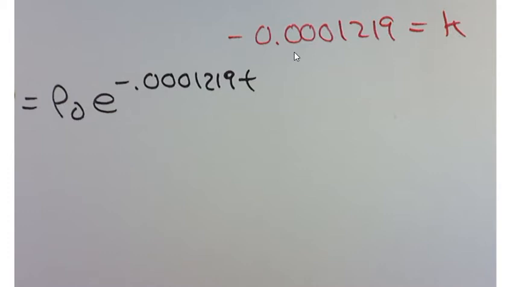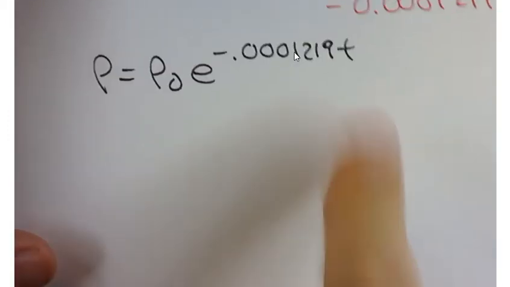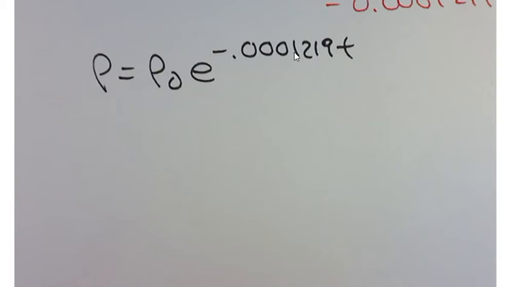Now, there's a little bit more in problem number 34. Let's just pick one part of it. They ask how much of this is going to be left after 10,000 years. Actually, you know what? There's a little bit more.